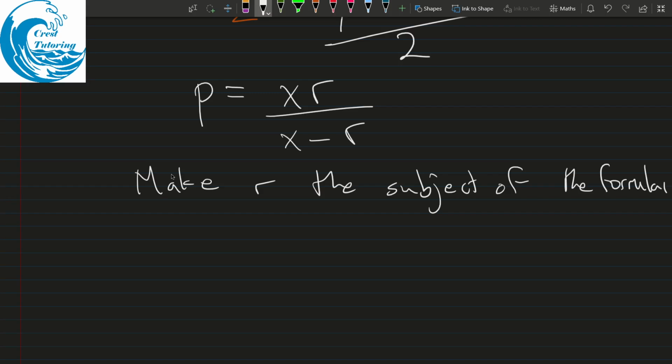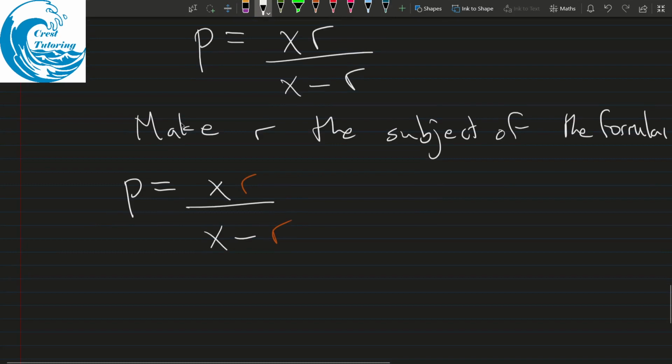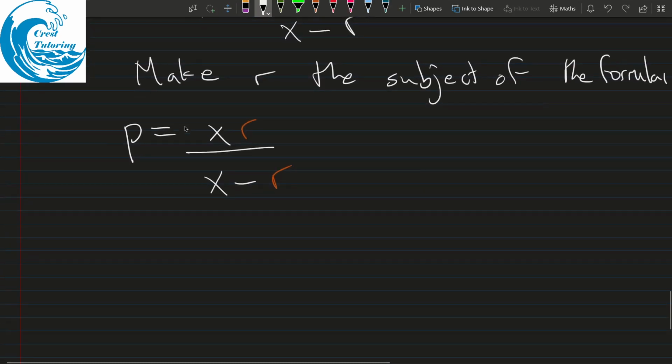Okay, so we'll go through the answer. I'll rewrite it out. P equals x times r all over x minus r. Okay, so you can see this one is a bit of a problem, the same as the last one. So we're going to have to try and sort that out.